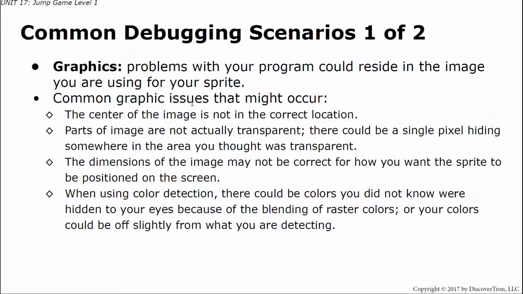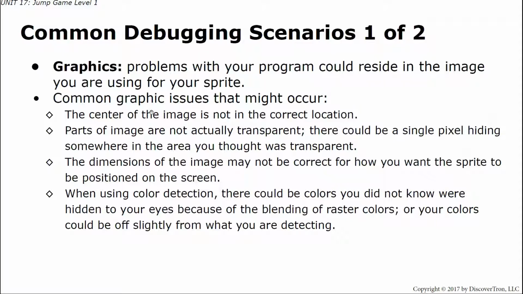And that's a big nerd way of saying that your sprite may have a little block of color hidden inside of it that matches the color of the other object that you're trying to detect in its color, and that could cause some sort of error with that. Plus your graphics may not be centered correctly, or there may be hidden pixels around the border of the screen where you thought was transparency.